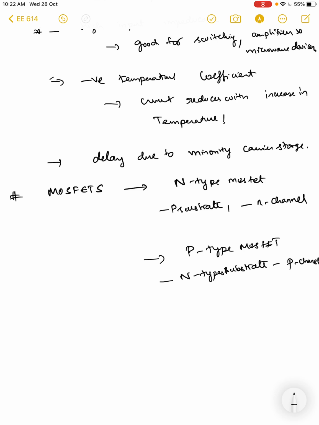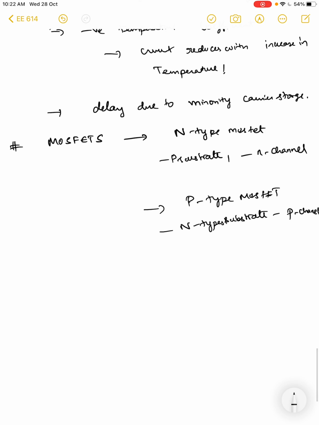So these are the two broad types of metal oxide semiconductor field effect transistors, either N or P. This N or P tells you what is the charge carrier at the interface. The MOSFET works in the strong inversion region, and for an N-type MOSFET, you need an N channel, so you take a P substrate and invert it, and for a P-type channel, you take an N-type substrate and invert it, right?